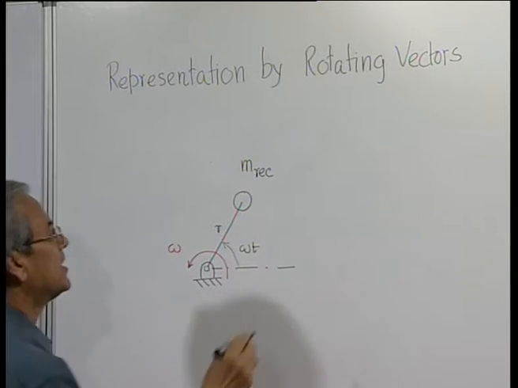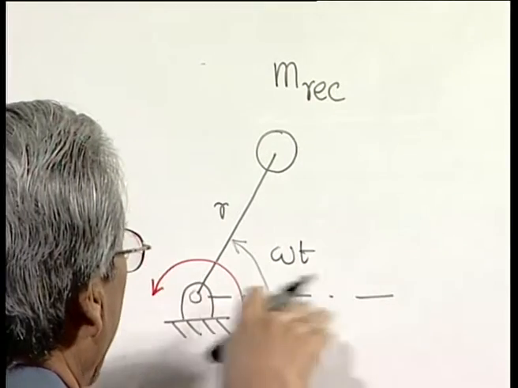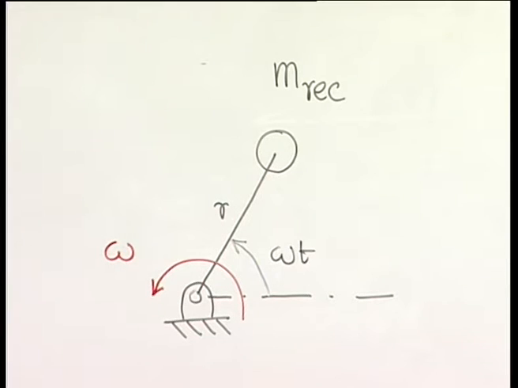If we consider the initial condition, that means at t is equal to 0, the crank was aligned with the center line of the engine or the system.